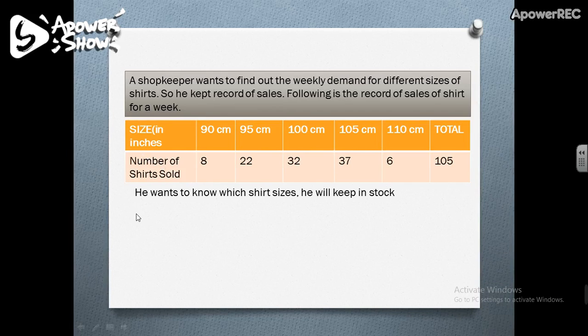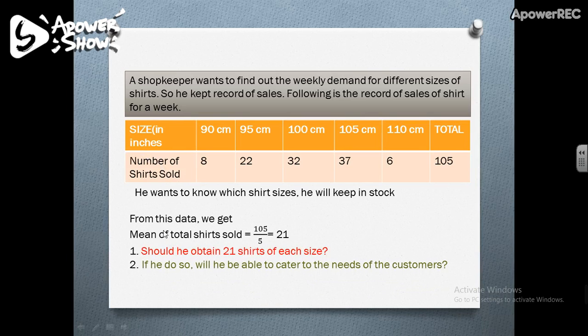For this, he tried to find out the mean of the given data. So the mean of the total shirts sold equals 105 divided by 5 equals 21. In the previous session, we learned that the mean of given data equals the sum of all observations divided by the number of observations.